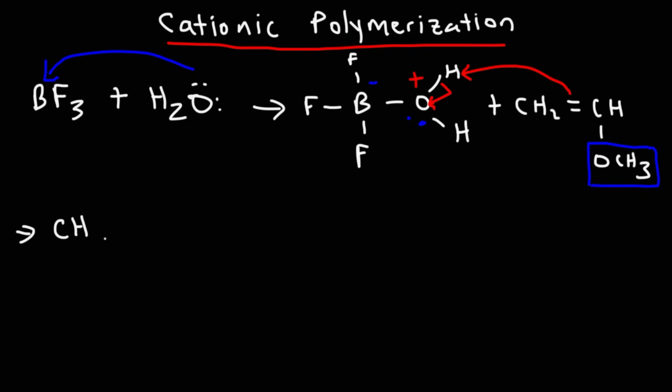Now, which carbon will the hydrogen add to? Will it add to the CH2 carbon or the CH carbon? So this is going to follow Markovnikov's rule, where the hydrogen is going to go on the carbon with more hydrogens, in this case, this carbon here. So we're going to have CH3.